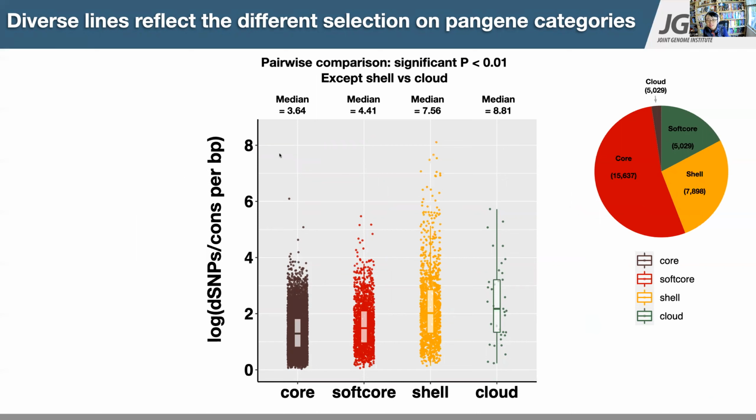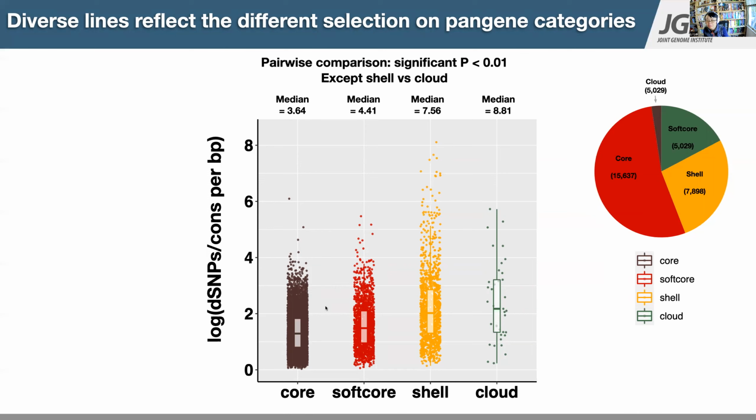We plotted the deleterious SNPs normalized by conserved sites per base pair. We can see the cloud genes tend to have the most deleterious SNPs, while core genes have the fewest deleterious SNPs. That makes sense, suggesting that purifying selection works differently according to the conservation of the gene.